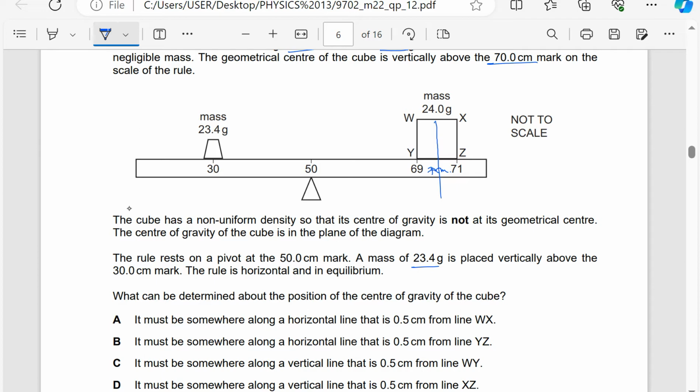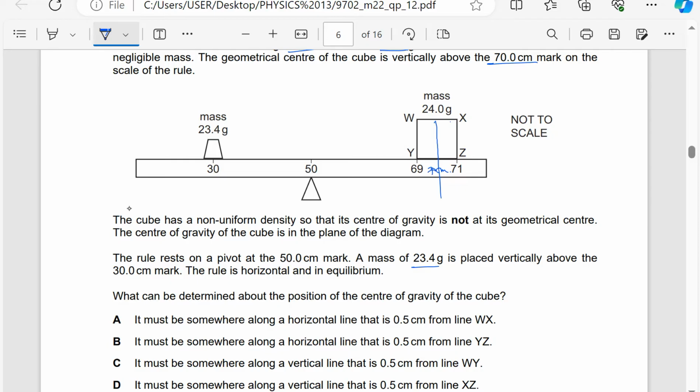It must be somewhere along a horizontal line that is 0.5 centimeters from the line WX.